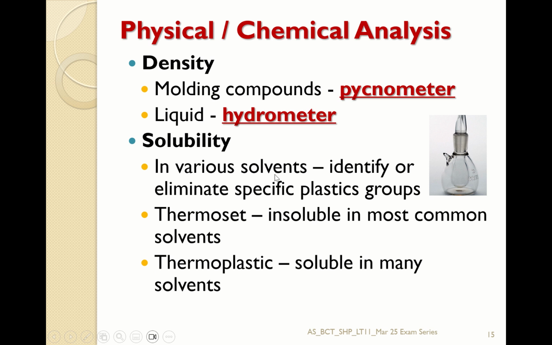When you dissolve it in certain solvents, a thermoset, because it's very strong, usually cannot dissolve. It's insoluble in most solvents. Thermoplastic is softer, easily soluble in many solvents. So this is a good way to distinguish between the strong thermoset and the weaker thermoplastics.